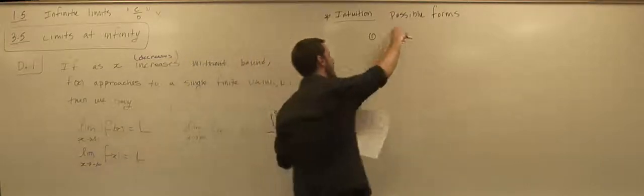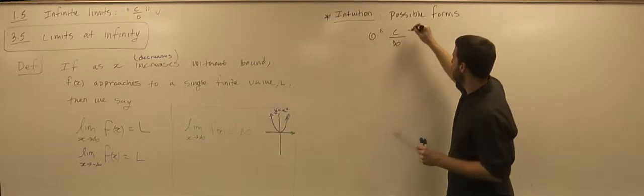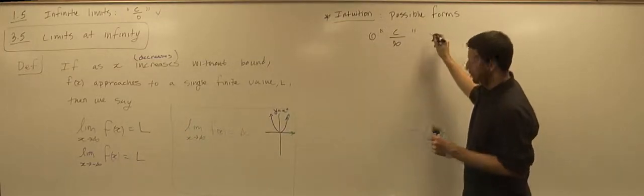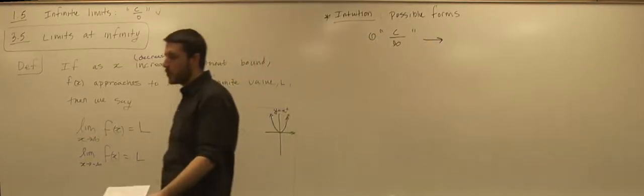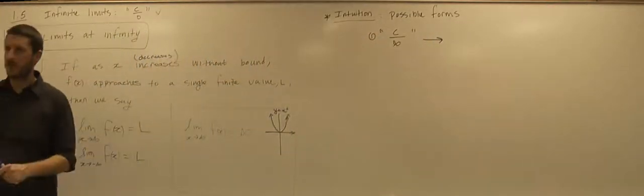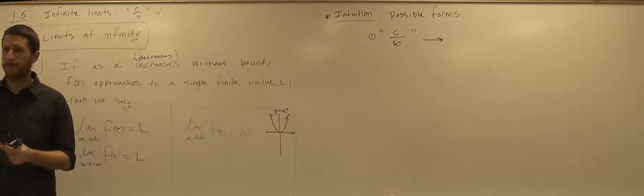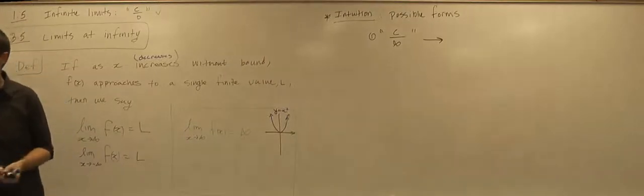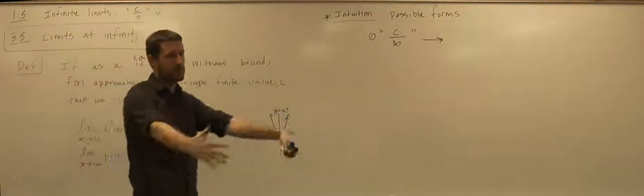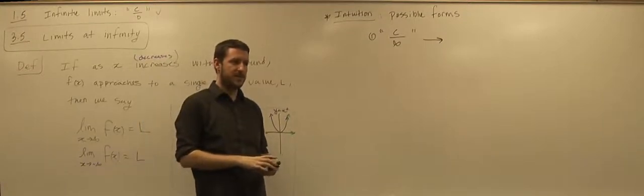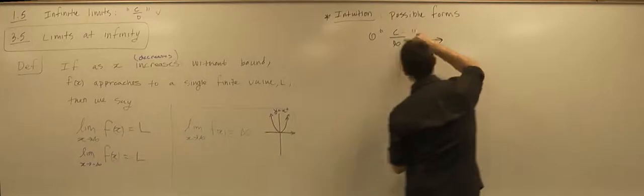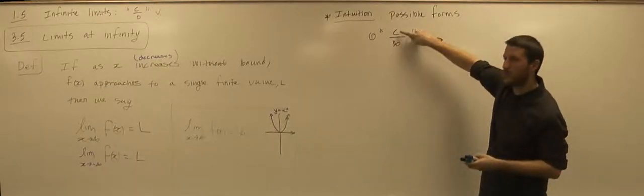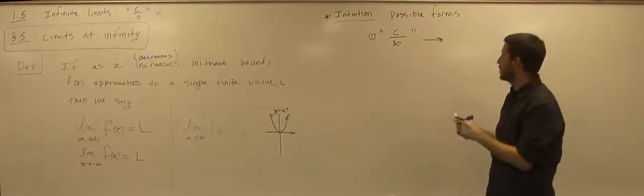So a constant over infinity, what do you think this goes to and why? If you take 2 and you divide it by 1,000,000, what do you get? Practically 0. If you take $2 divided among 1,000,000 people, each person's going to get nothing. So a constant over infinity, a finite value over an infinite value, will go to 0.